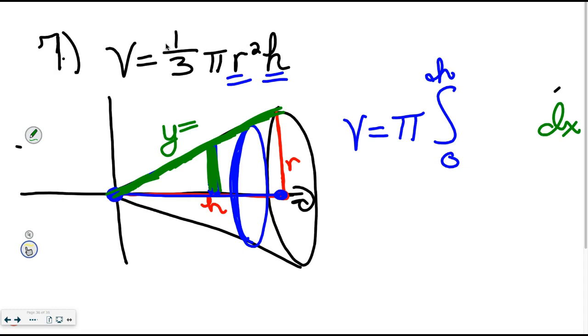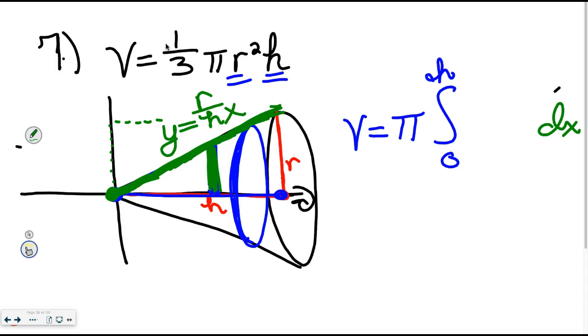Equations for lines are given in slope-intercept form. The intercept is 0. The slope is up r over h. So that would be r over h times x plus 0 for any cone laid like that along the x-axis.